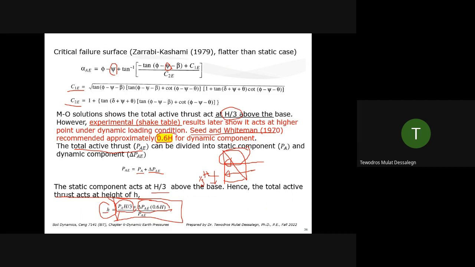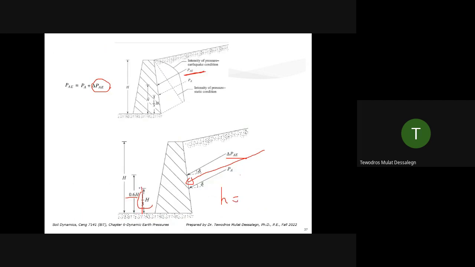Seed and Whitman, these are MIT professors, through several experiments, verified it acts approximately at 0.6 H from the base. That's what you have here. The dynamic component acts 0.6 H distance from the base. But the static one from Coulomb theory is 1/3 H because it has a triangular distribution, right? This triangular distribution is the static one. This solid line you see here is the dynamic component. It's not linear.